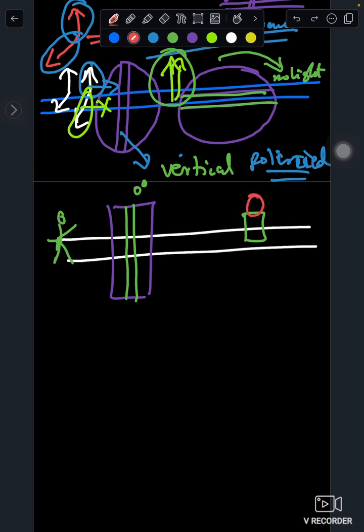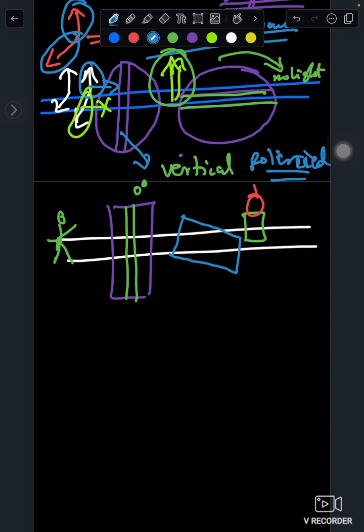Right now, if someone is looking from here and there's an object over here, let's suppose this object is an apple, this person will be able to see that apple. But he will not be able to see it if we put the polarization paper in this way.